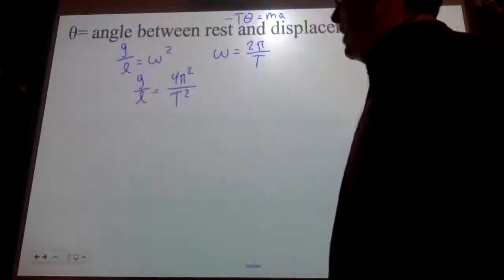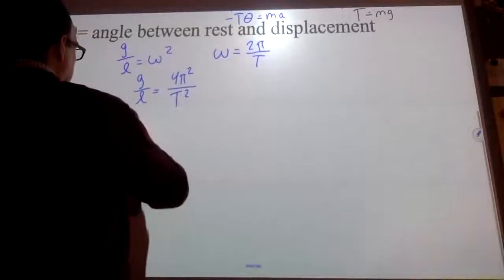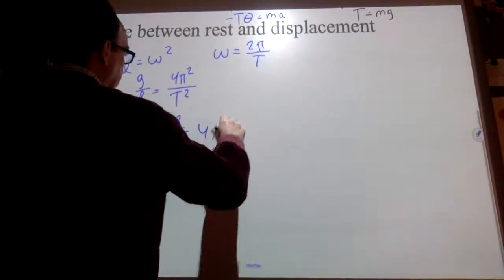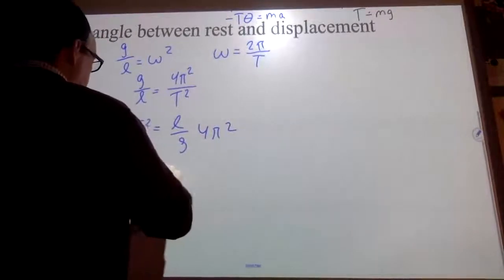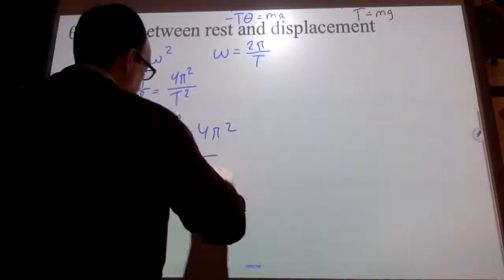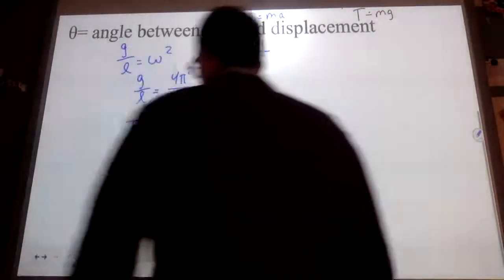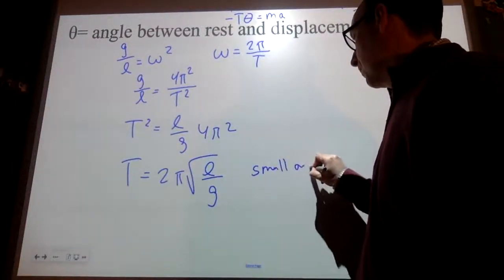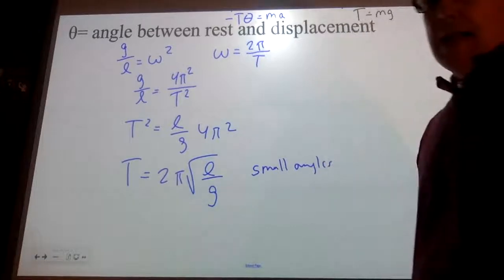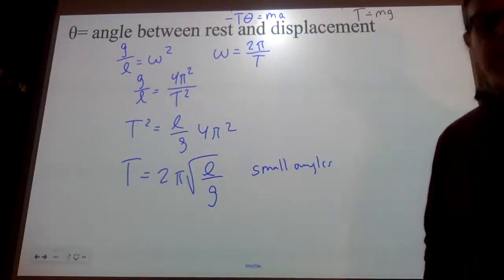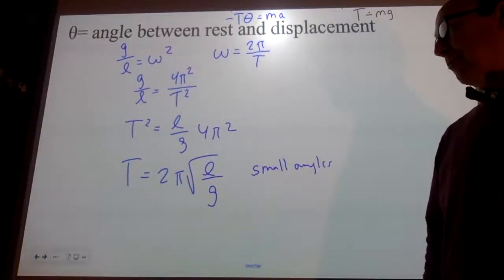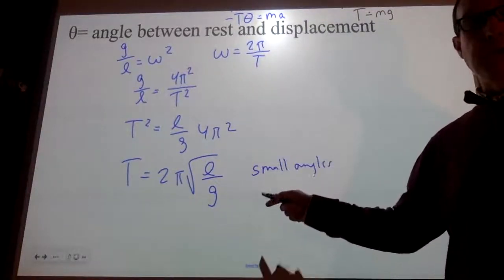I'm going to move this around. And so I'm going to get that T squared is L over g times 4 pi squared. I'm going to square root both sides. And we get that the period of a pendulum for small angles, because I made those small angle assumptions, is 2 pi times the square root of L over g.